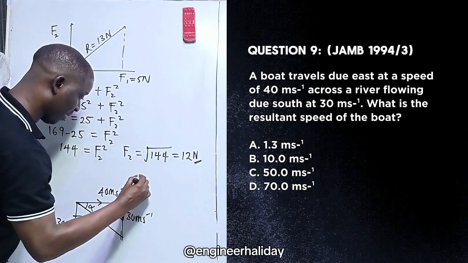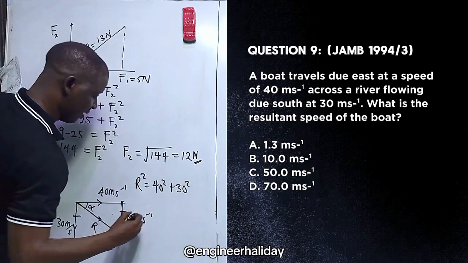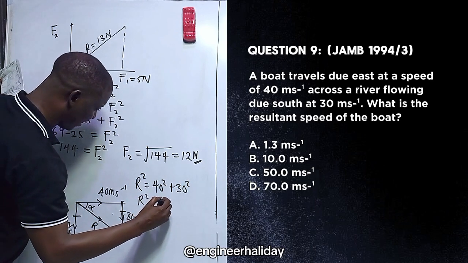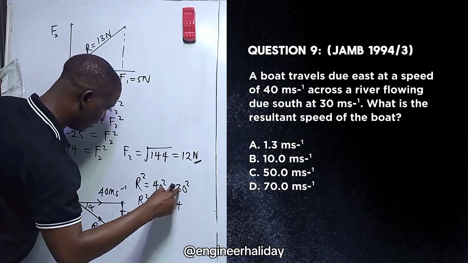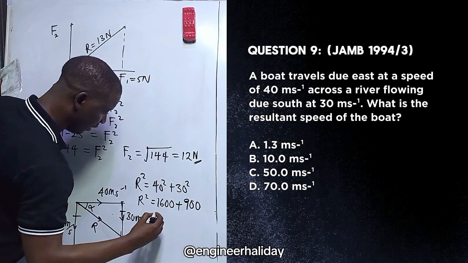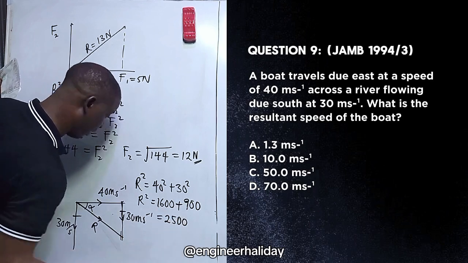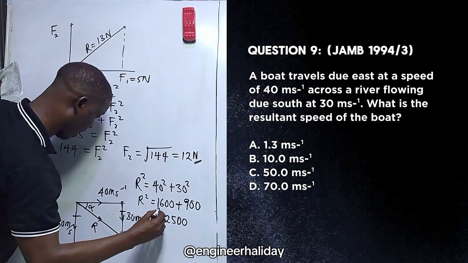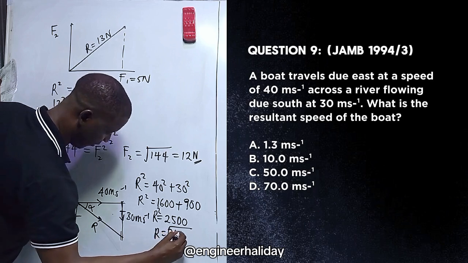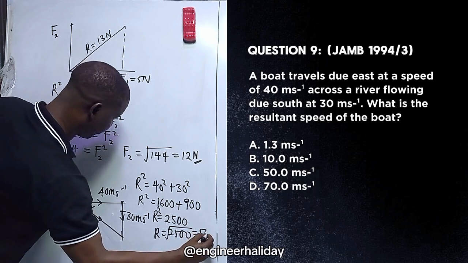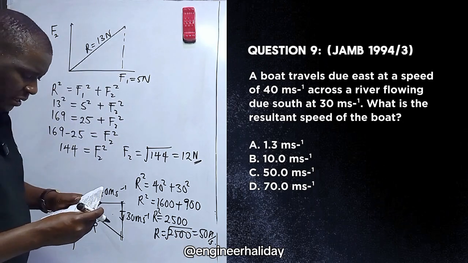To solve it, R squared equals 40 squared plus 30 squared. 4 squared is 16, 3 squared is 9, so 1600 plus 900 gives 2500. R squared equals 2500, so R equals the square root of 2500, which is 50 meters per second.